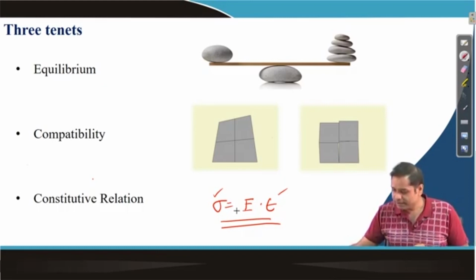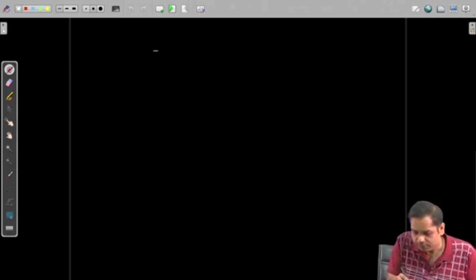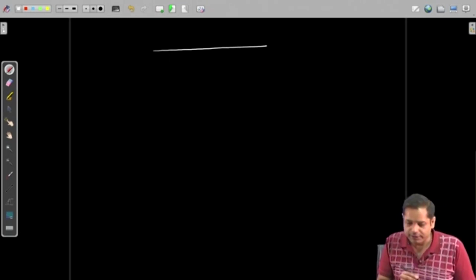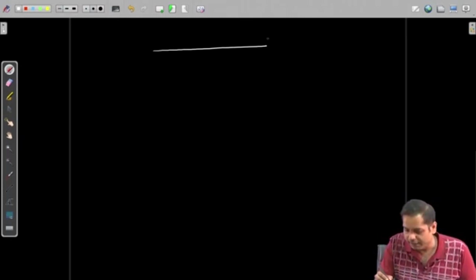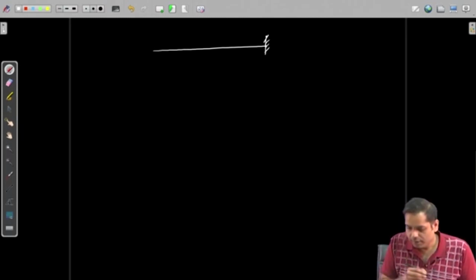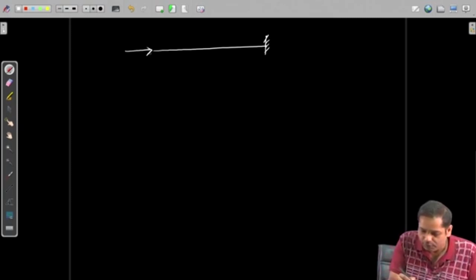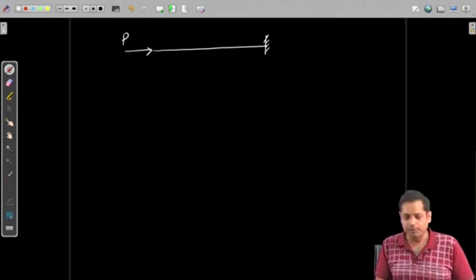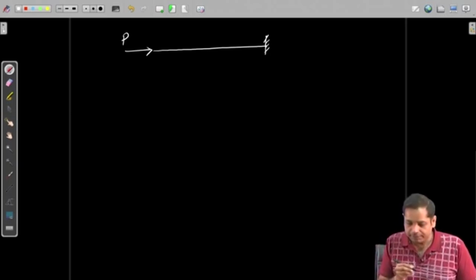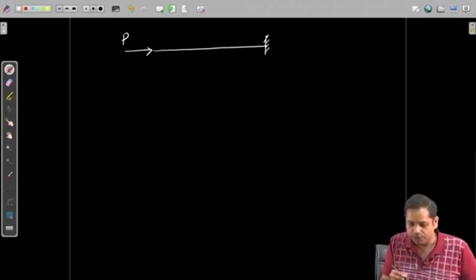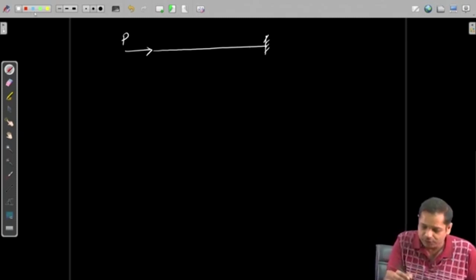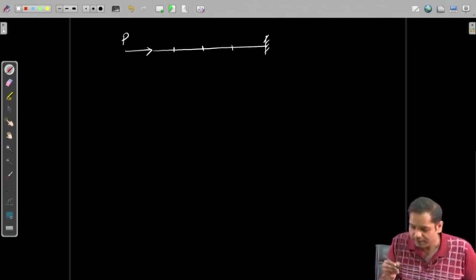Next, our problem will be something like this. Say, for instance, this is a bar, a cantilever, and this is subjected to some load, say P. So this is our problem. As I said, we can divide it into smaller segments like this.